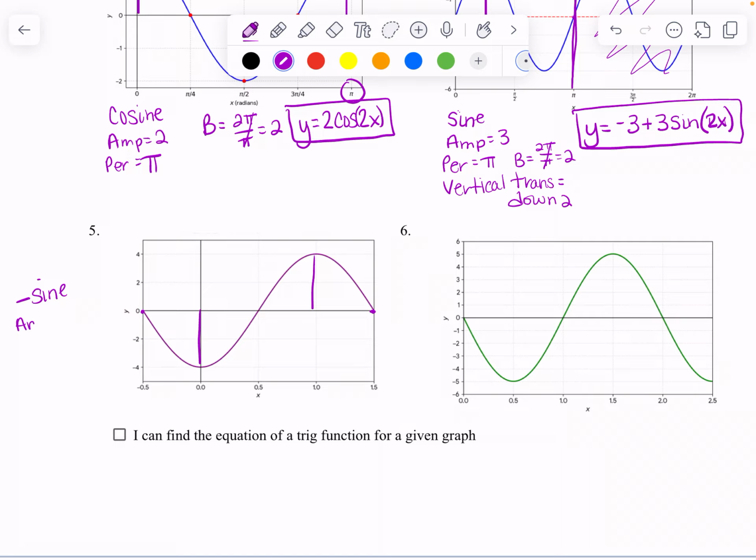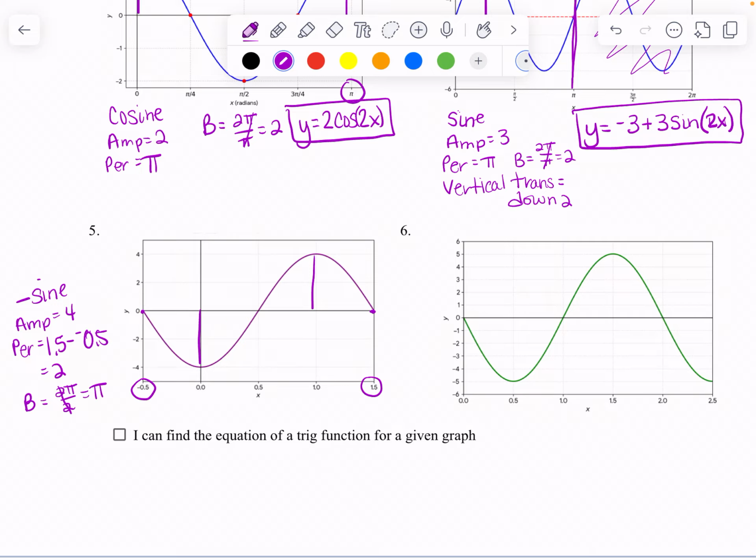So my amplitude is 4. My period. Well, first of all, we need to find the length of my period. So my period is 1.5 minus a negative 0.5, so my period is 2. So my b value is 2 pi divided by 2, so pi.